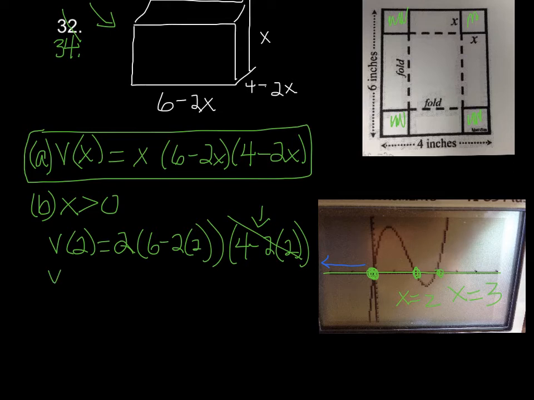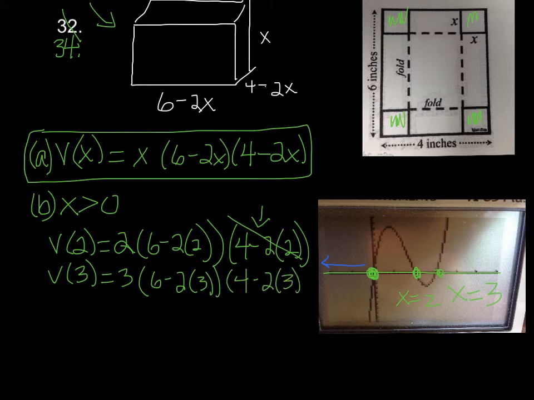I could do the same thing if I plugged in any number bigger than 2. Let's say I plugged in 3. So again, I'm plugging it into the part A equation. So I would get 3 times 6 minus 2 times 3. And then I would get 4 minus 2 times 3.